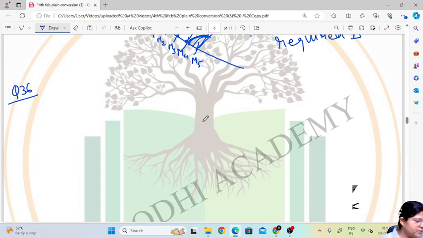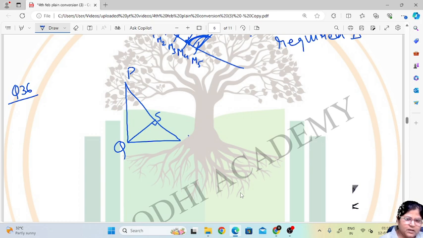With reference to the given figure, the figure is like P, Q, S, R. With reference to the given figure and the given conditions, write only the proof with the reason of the following theorem.